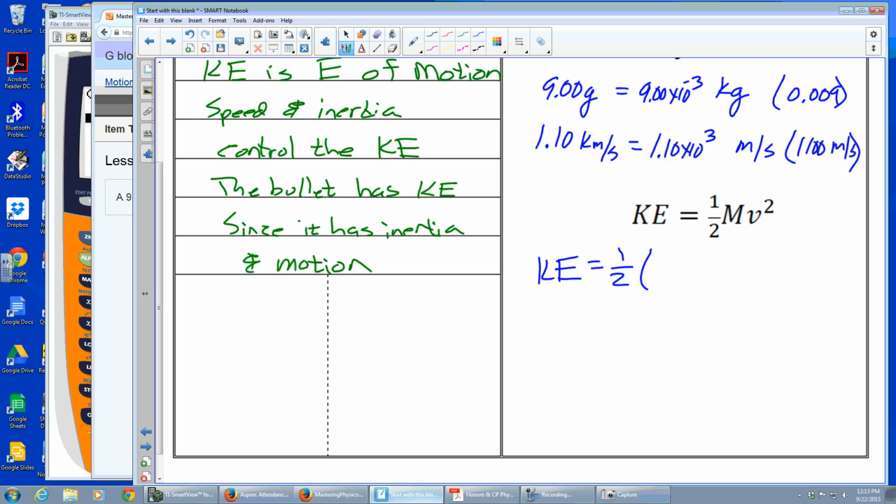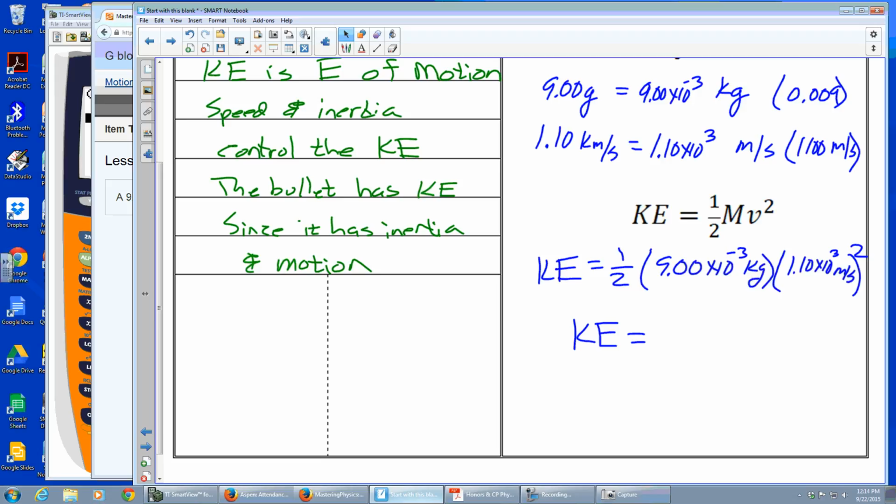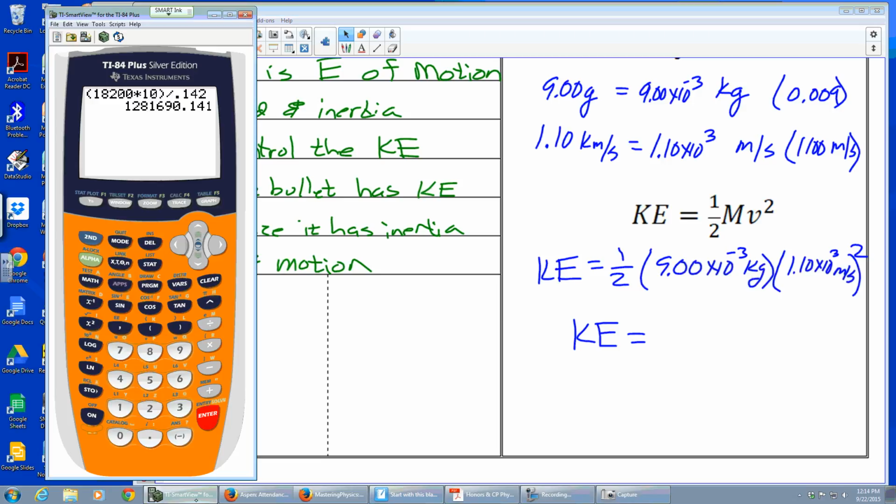The inertia I want in kilograms, so that's 9.00 times 10 to the minus 3 kilograms. My speed is my 1.10 times 10 to the third meters per second, squared. I have all numbers on one side. That makes me happy. Then I can use my calculator.